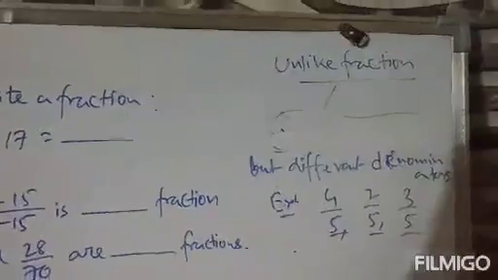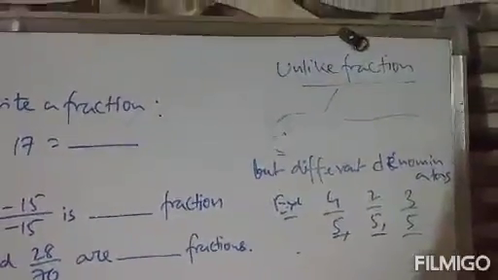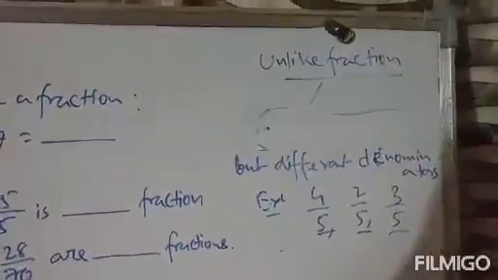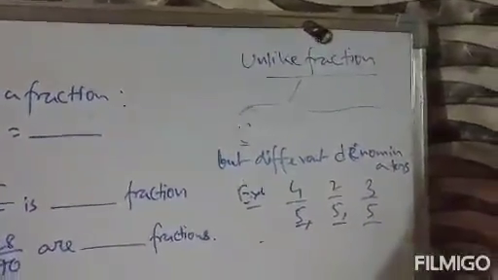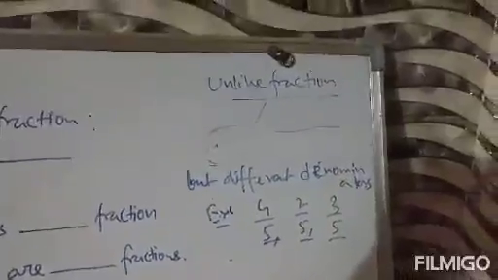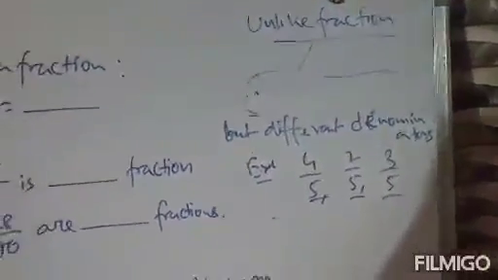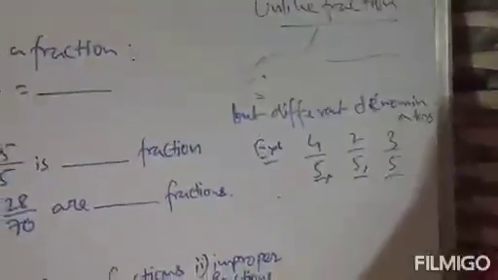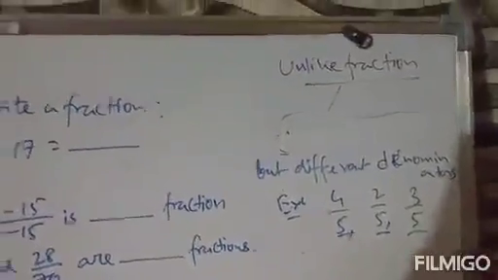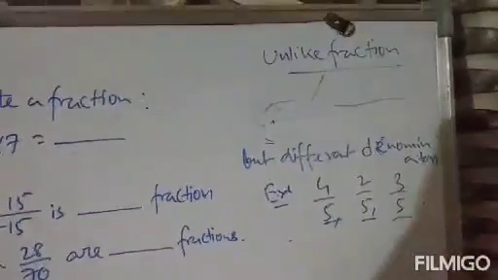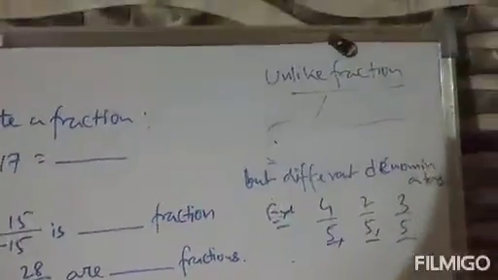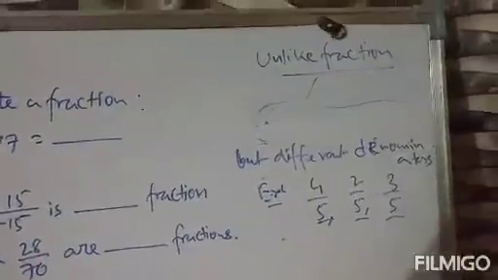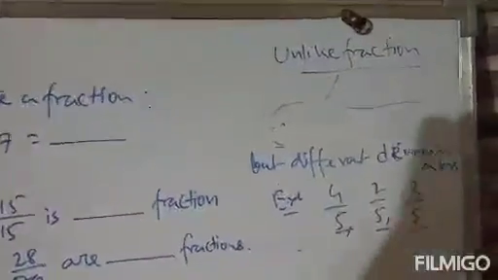We will not say anything about the numerator part. The numerators can be the same or they can be different; that is not necessary. Only the denominator should be different. Clear?